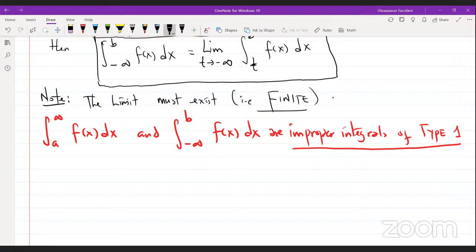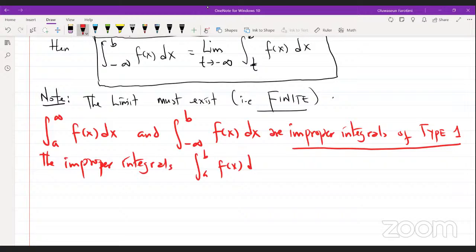That brings the notion of convergence or divergence. So let me say the improper integral, of course remember they are improper integrals of type 1.